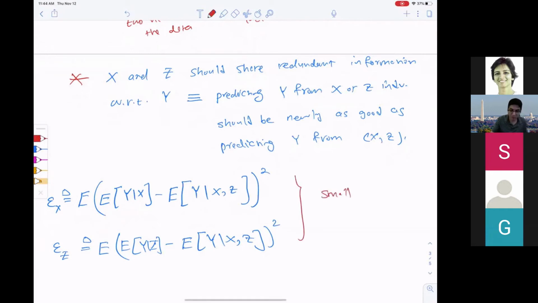In other words, it really doesn't matter if I'm using both views or one view to predict Y, I'll roughly speaking get the same accuracy.